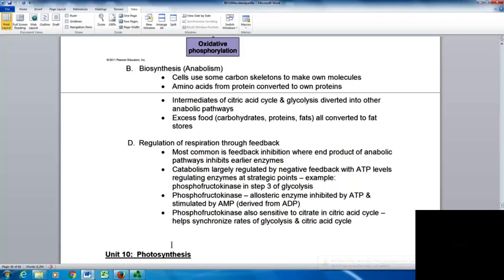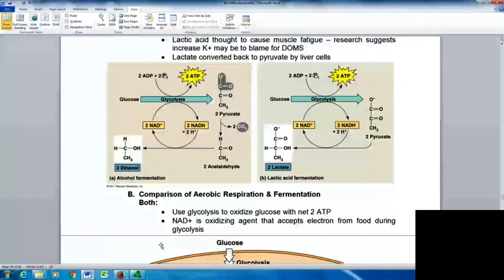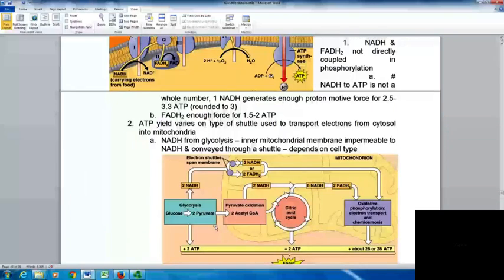So this is a tough section. What I would recommend doing for your studying is going back, studying your pieces of glycolysis, and then walking away and just let the information settle in. Study your pieces of pyruvate oxidation and the citric acid cycle and let that sink in.